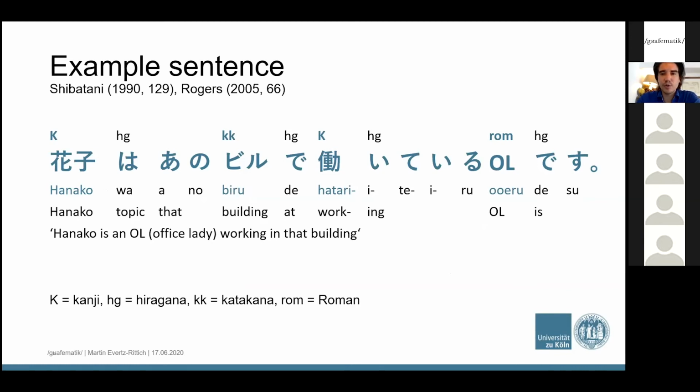You see in the first line, I added what character is what: the capital K for kanji, HG for hiragana, KK for katakana, and ROM for romaji. And you see that these, in the first line in blue, are quite effective cues to word separation.